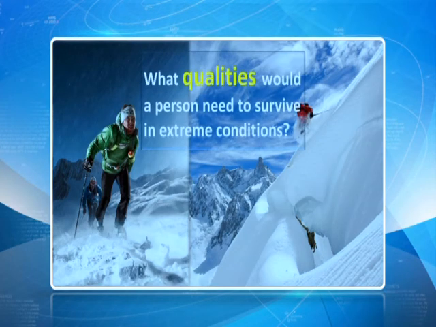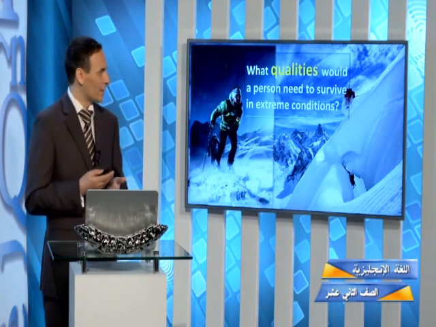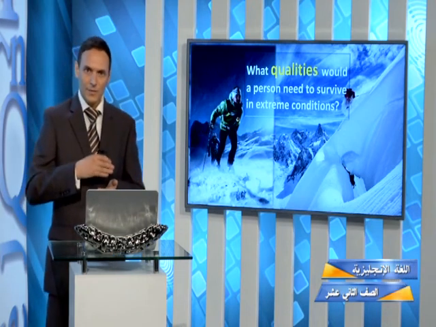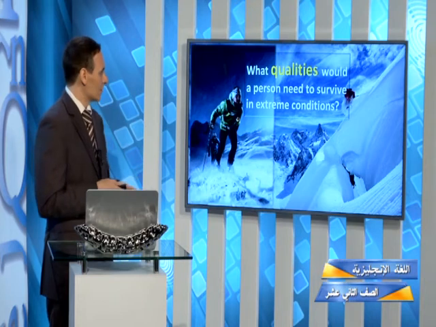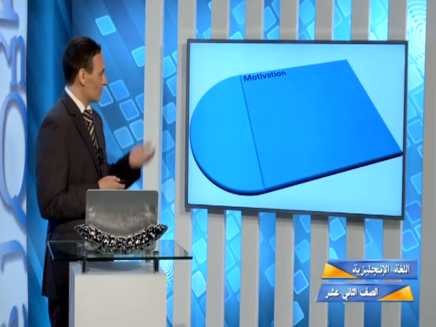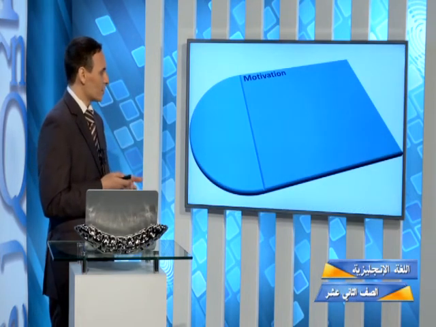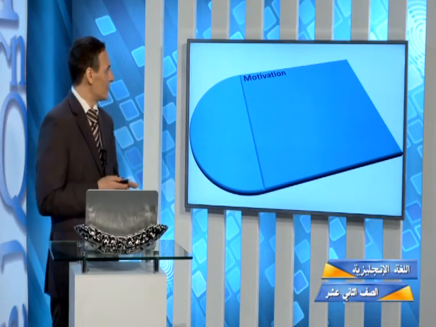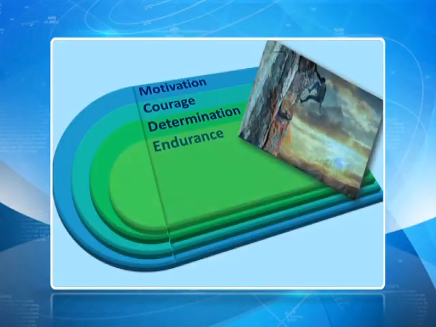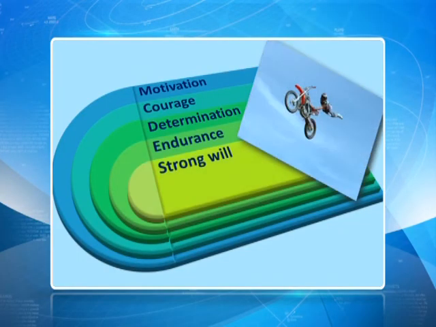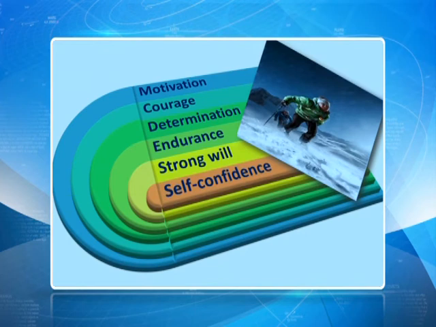Second question, what qualities would a person need to survive in extreme conditions? When we talk about extreme conditions, we're talking about extreme heat or extreme cold, dizzying heights, okay? So for that, the adventurer needs motivation, courage, determination, endurance, strong will, and self-confidence.